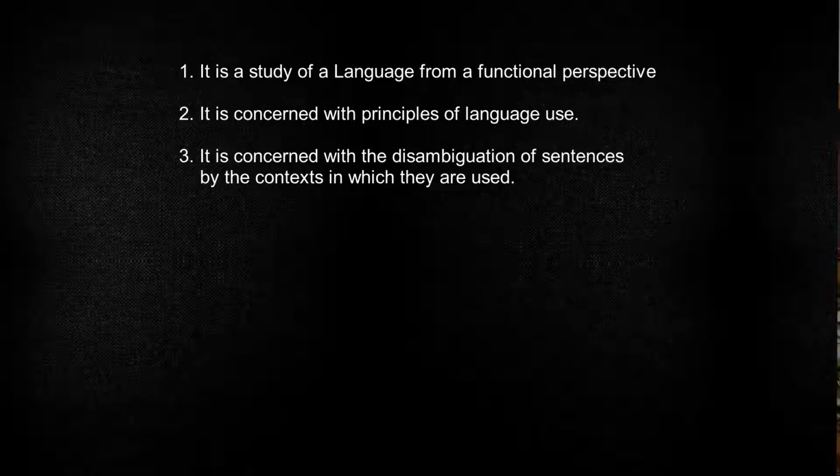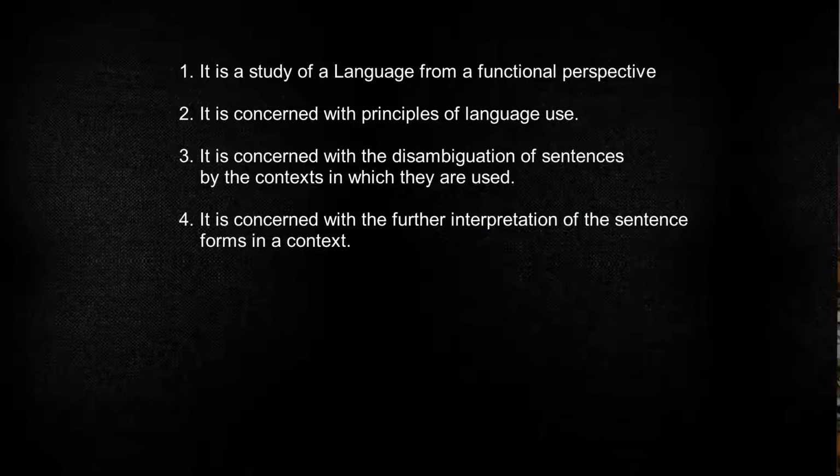The third theory is saying that pragmatics is concerned with the disambiguation of sentences by the context in which they are used. So in this statement, it's mentioning that it's related to the context where the language is used.